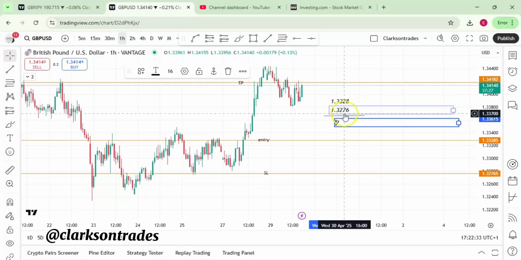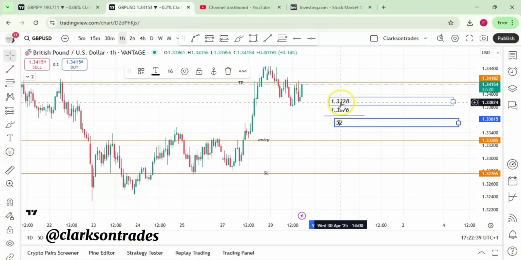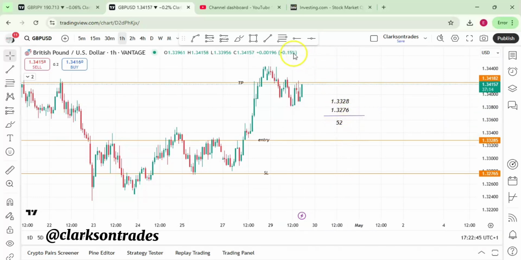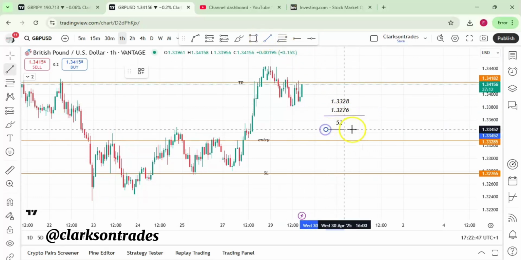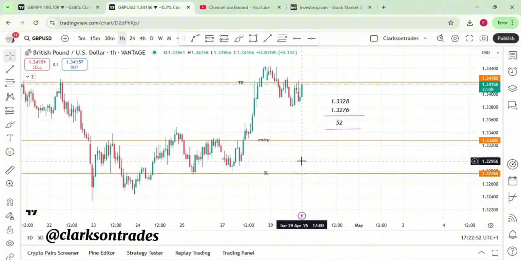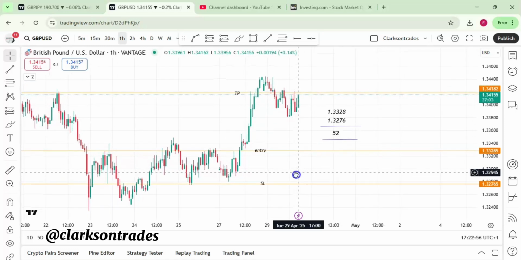So 12 minus 7 is 5. And since we borrowed 1 here, it means that we have 2 now. So 2 minus 2 is 0. 3 minus 3 is 0. 1 minus 1 is 0. So at the end of the day, our number of pips is 52, which is the exact figure we got when we used our long tool and measurement tool.